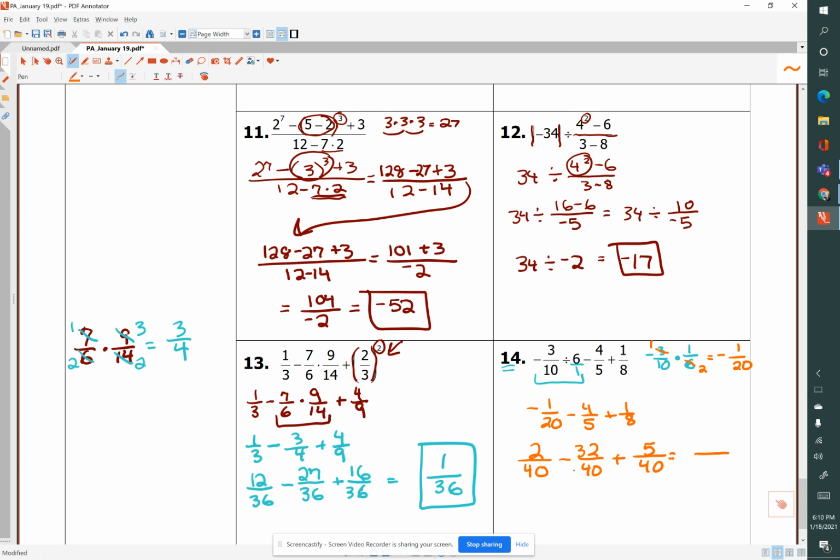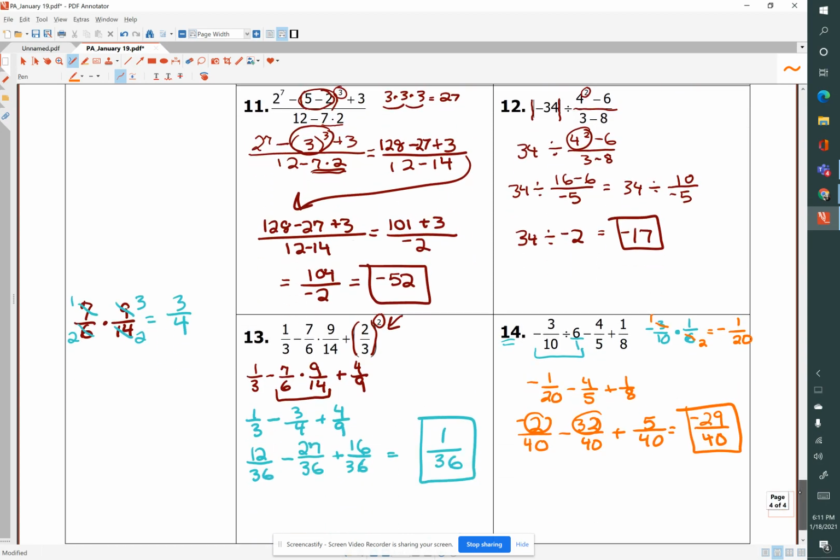So 2/40 minus 32/40 is negative 34/40, plus 5/40 is negative 29/40. So it's just negative 2 minus 32 plus 5, which is negative 29 over 40.